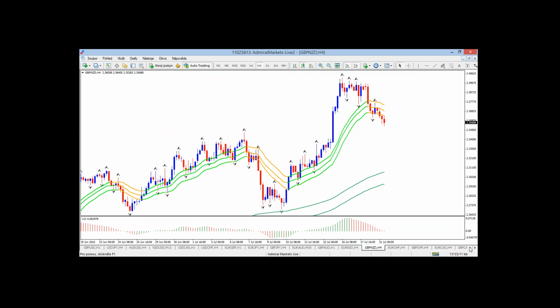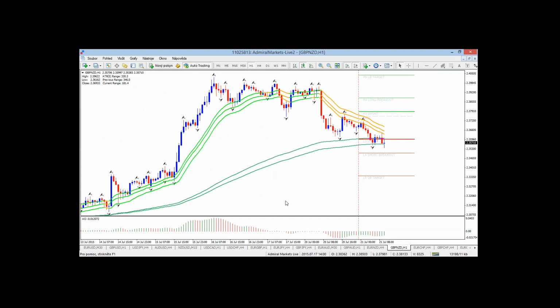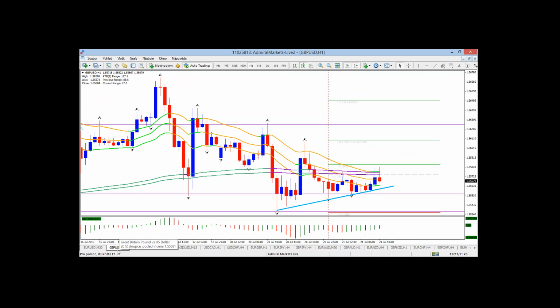Pound New Zealand probably makes more sense. No, it too is at the long-term band. Let me think for a second. Probably pound dollar, maybe even.